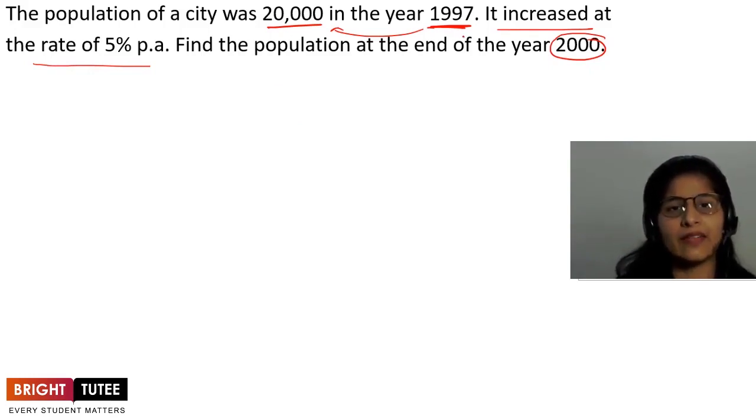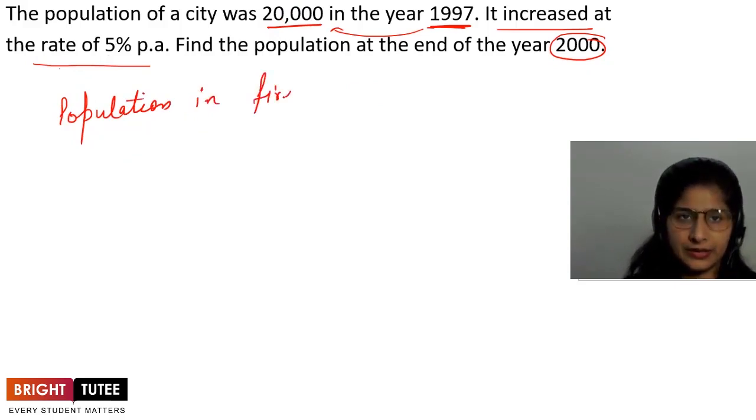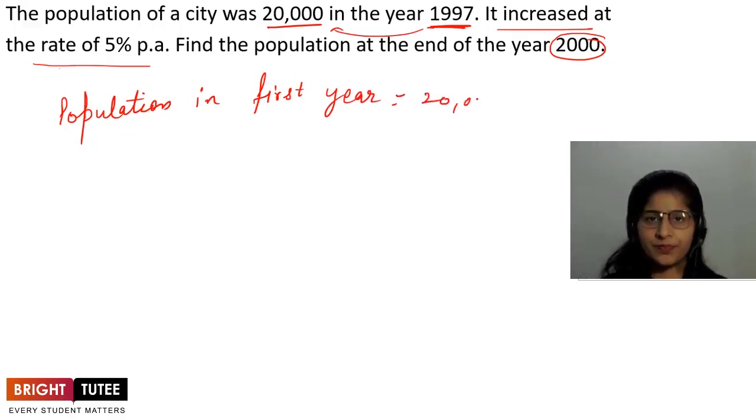So from 1997 to 2000, how many years do we have? 1998, 1999 and 2000. We have n equal to 3. And because it is increasing at the rate of 5% per annum, annually, we will use compound interest in this. How we are going to use it? Let's see that. We will consider the first year. The population in the first year will be 20,000, and that is in the year 1997.